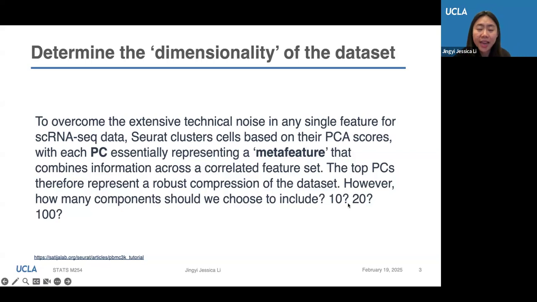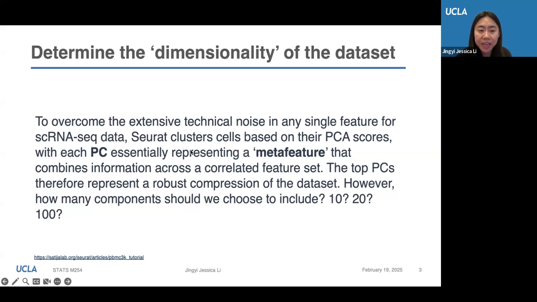So PCA is a step we hope to use to reduce the dimensions of our data so we don't work with thousands of genes, and this high dimensionality will make a lot of mathematical operations not ideal. Like Euclidean distance in high dimensional space is known to be not informative. But we hope to preserve the majority of the biological variance.